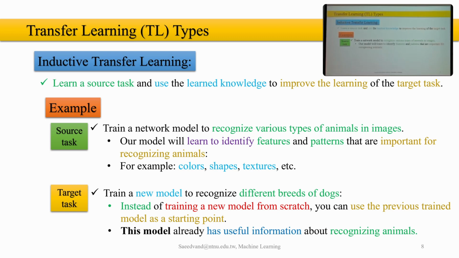In the first task, our model will learn to identify the features, patterns, and important items for recognizing the animals. We saw how we can do that. We define a convolutional neural network, and convolutional layers can abstract the features and learn low-level features.